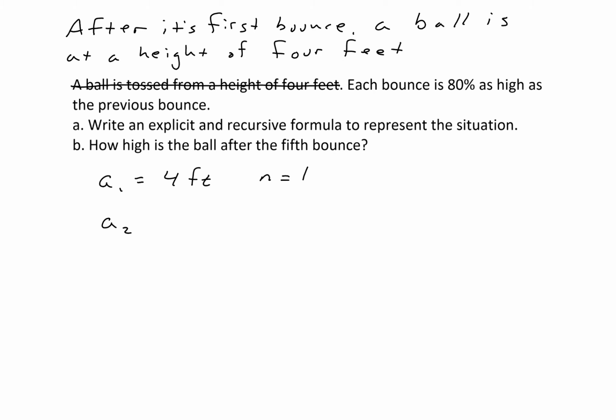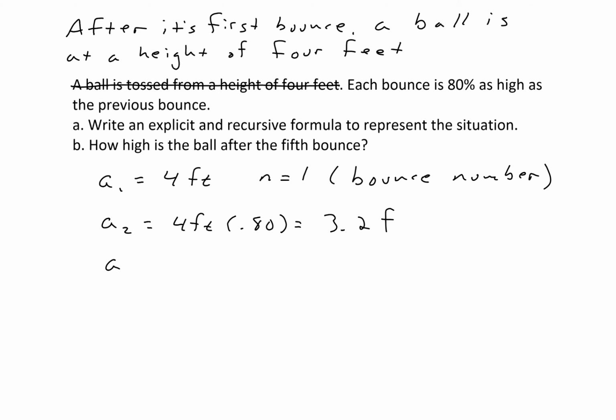A sub 2, which is the second bounce, let's say this is the bounce number. So after the second bounce, it's 80%, so that's 4 feet times 0.80, which is 3.2 feet.